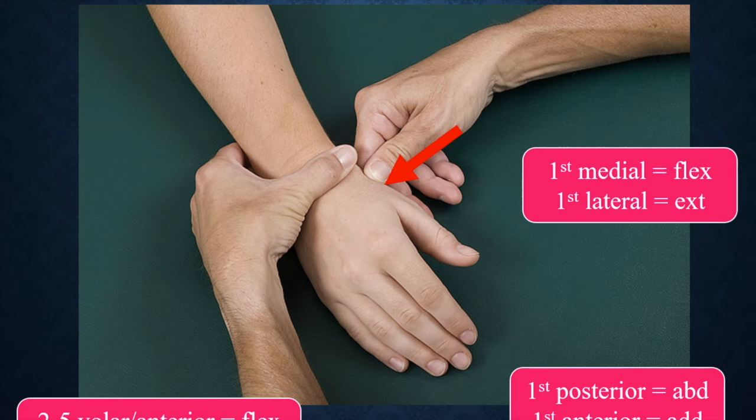A posterior glide will facilitate AB, or abduction, and an anterior glide will facilitate AD, or adduction. If we look at rays 2 through 5, volar or anterior glides are used for flexion, and dorsal or posterior glides are used for extension.